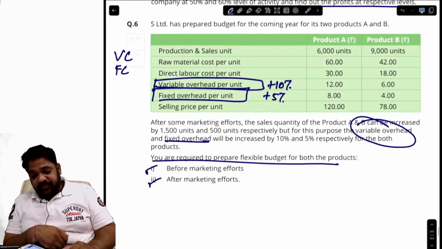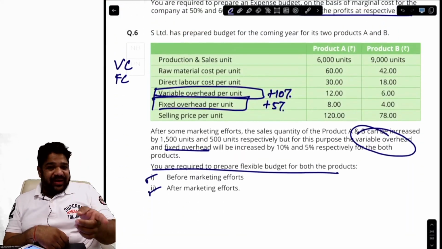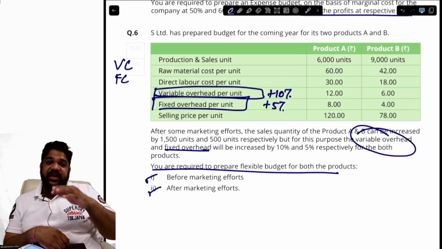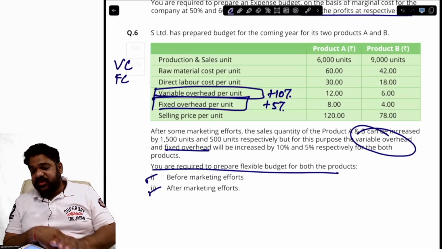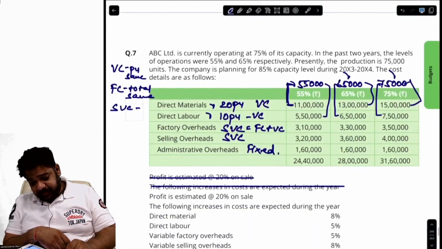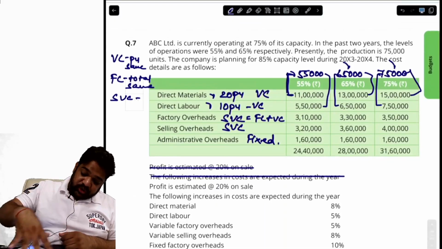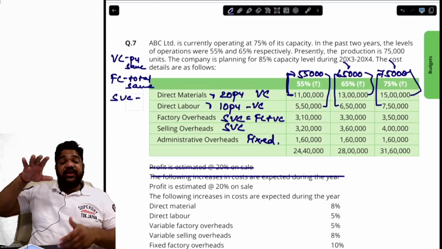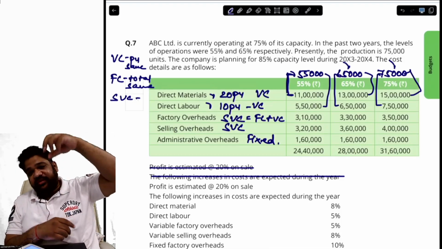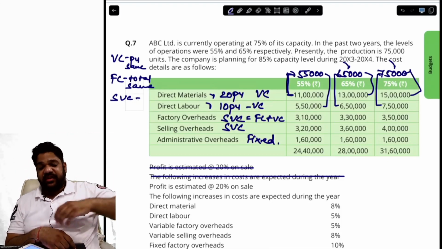Okay. Now, that was one type, where we did not have cost at more than one level. So we decided whether the cost is fixed, variable or semi-variable by the name of the cost. Now, when it comes to this type of question, where you have cost at more than one level, over here you have cost at 55,000, 65,000, 75,000 units.